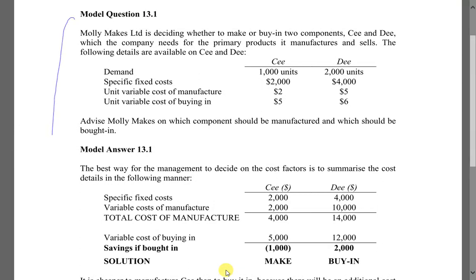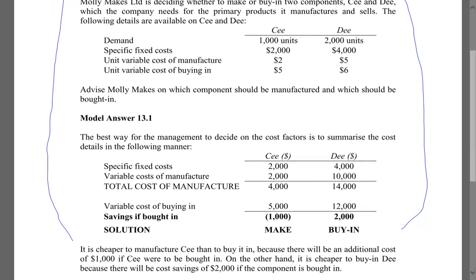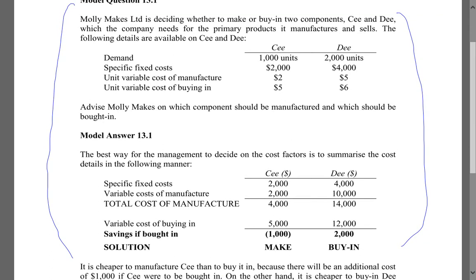Model question 13.1. Can you spend about 2 minutes to look at it? Same as the earlier example. It's a specific fixed cost. Variable cost is 2 times 1,000.